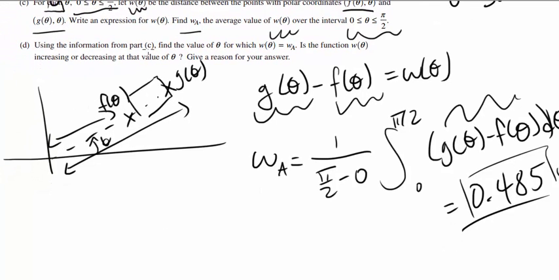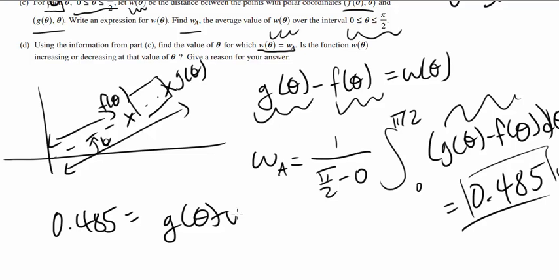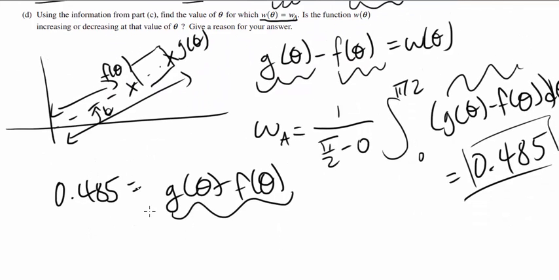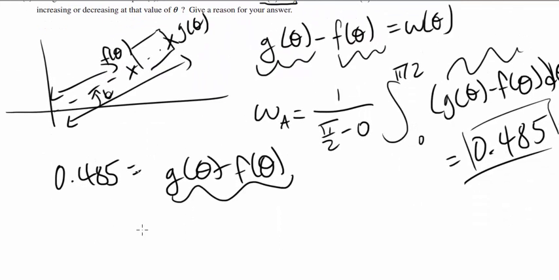D, using the information from part C, find the value of theta for which w of theta is equal to the average value of w. So we know the average is 0.485, and you want this to be equal to g of theta minus f of theta, which is w of theta. So just write this down, plugging in the respective functions, and use your calculator's numeric solver.